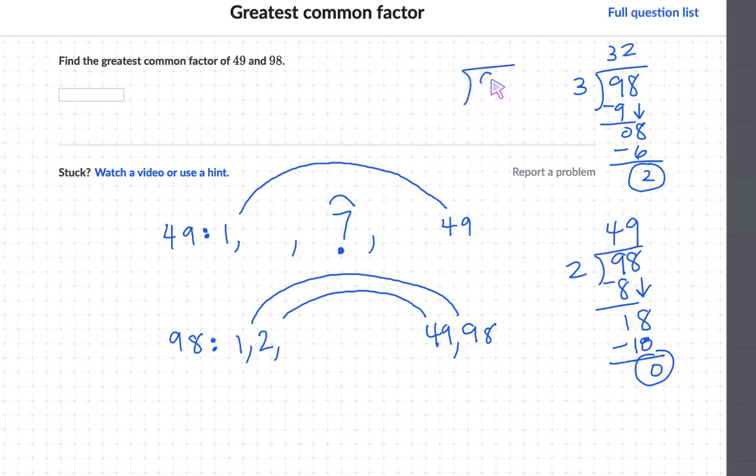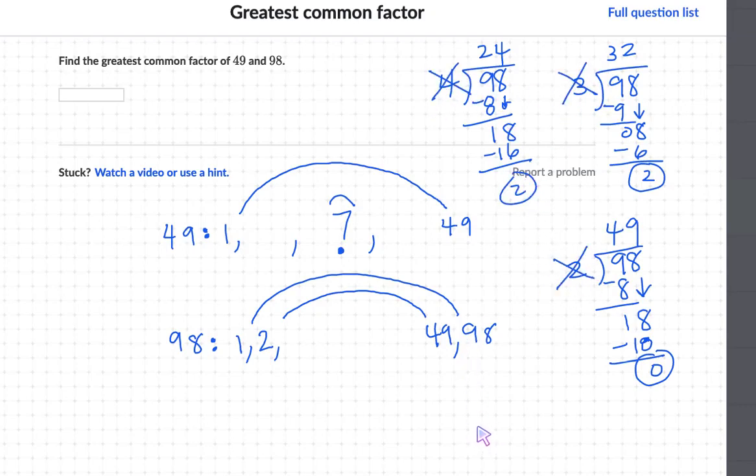Does 4 work? 4 times 2 will get us to 8. Bring that down, 18. Well, 4 times 4 gives us 16. That has a remainder of 2. So 4 doesn't work either. Let's try 5. Well, 5 we don't even have to try because it has to end with a 5 or a 0. And 98 doesn't end with a 5 or a 0.